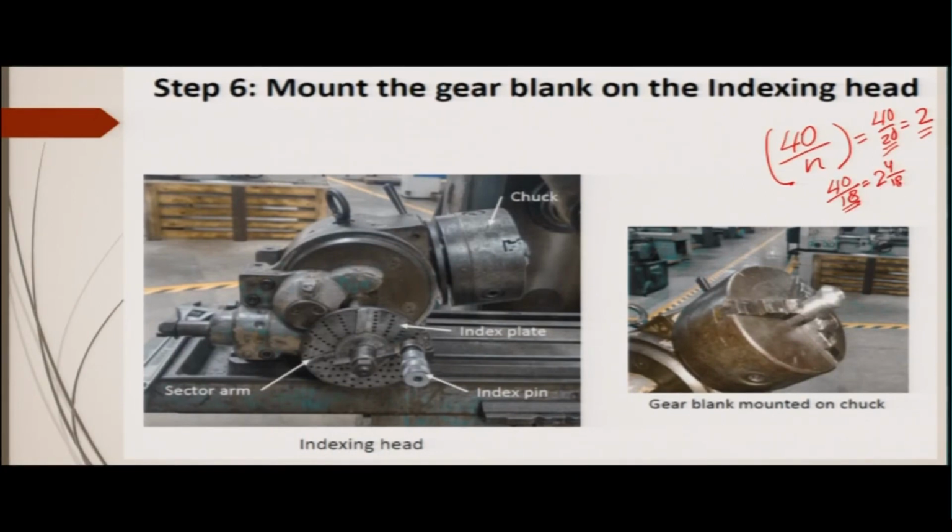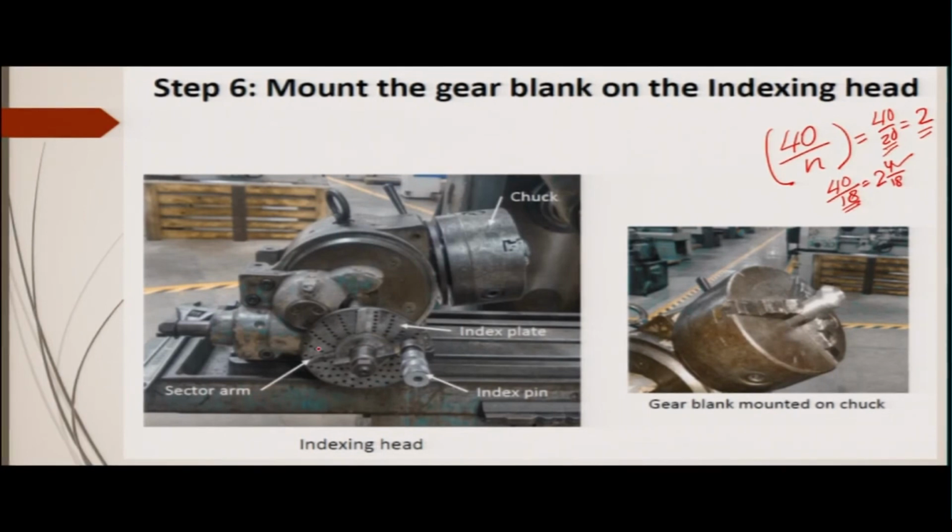So, 4 by 18, meaning that if we have an indexing plate where the peripheral number of holes is 18, then after moving 2 complete rotations, you move 4 of the smaller holes: 1, 2, 3, 4, where there will be 18 holes total in the periphery.